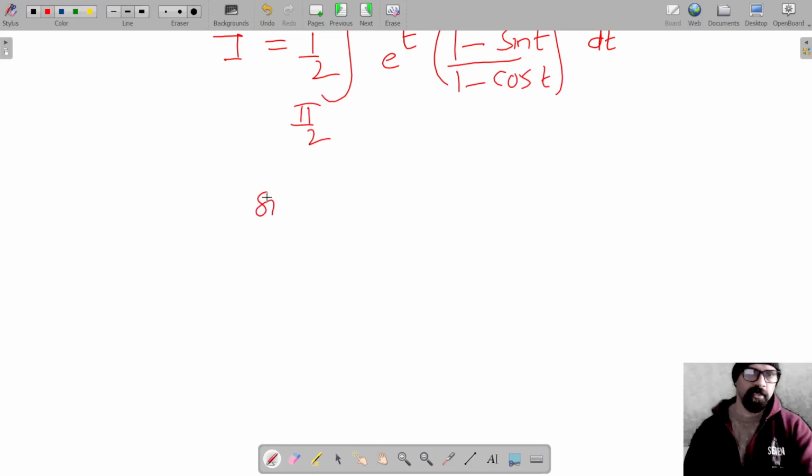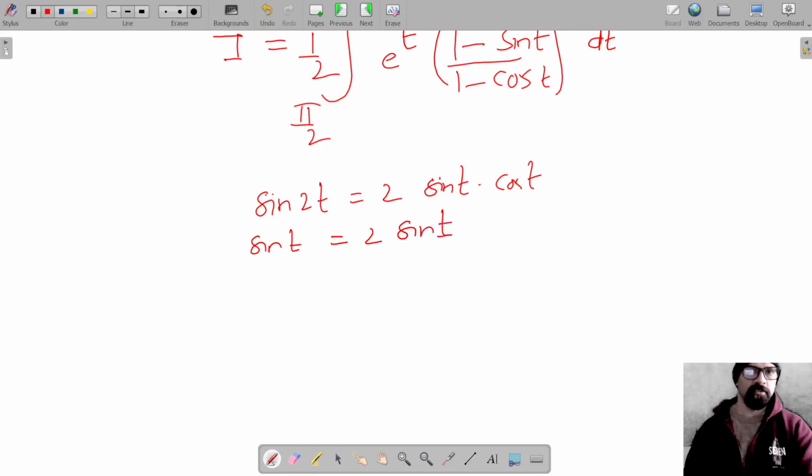Now we know that sine 2t is 2 sine t into cos t, and for half of this angle, sine t becomes 2 sine t by 2 into cos t by 2.